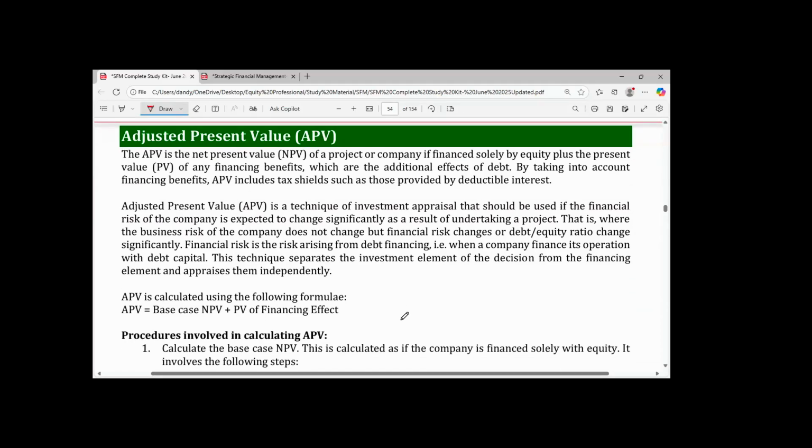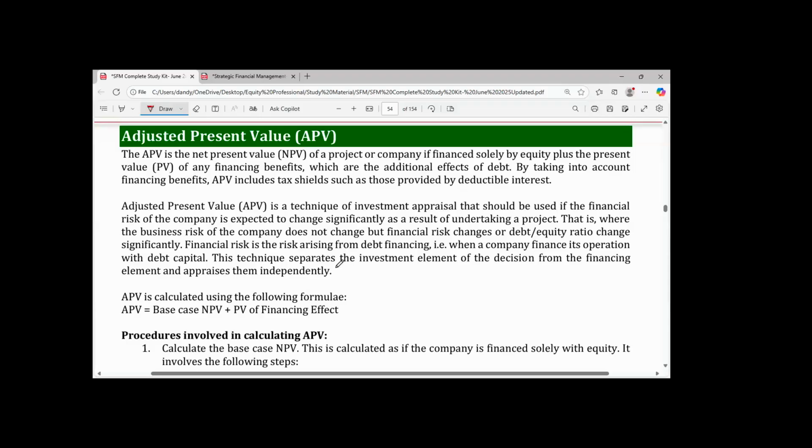The only thing that makes APV unique is if in the question you are given issue cost or subsidized loan. Because oftentimes the examiner will not tell you to evaluate using adjusted present value. You may be asked to assess. The examiner can ask you to evaluate or determine financial viability of a project.